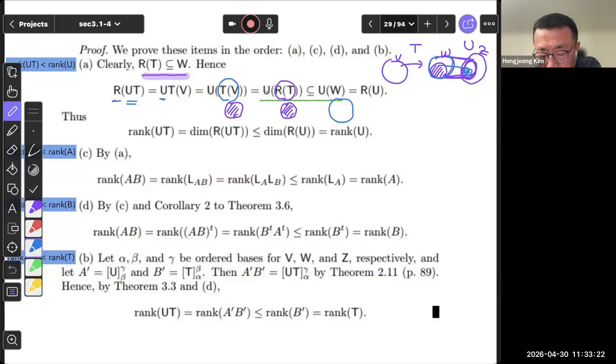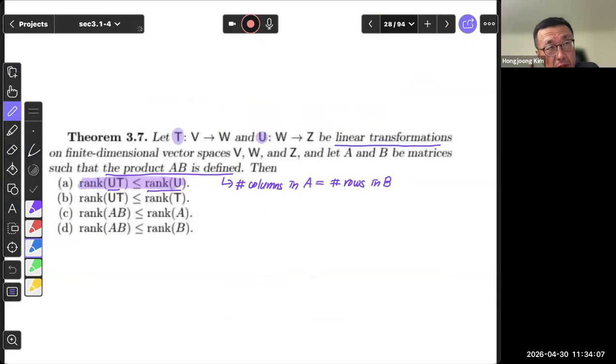So the range of this composite will be included in the range of the mapping U. The rank represents the dimension of this space, so that will be smaller than the dimension of the range of U, that is, the rank of the mapping U. So the rank of the composite of U and T cannot be greater than the rank of U. Okay? So that's the first statement.